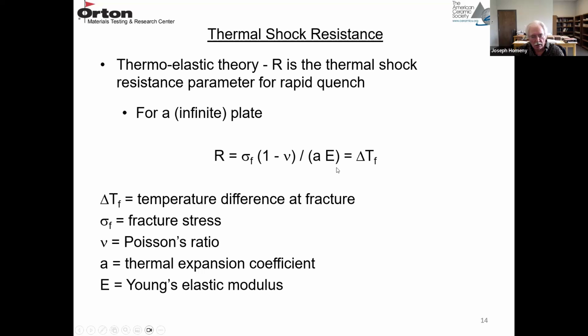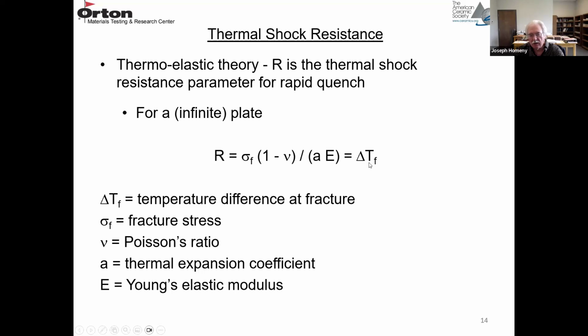It turns out that R just equals delta T at fracture. So delta TF is the temperature difference at fracture. So the experiment might be you take a sample that's sitting at a certain temperature, you drop it into a water bath or an ice bath, and you keep increasing the temperature of the sample.